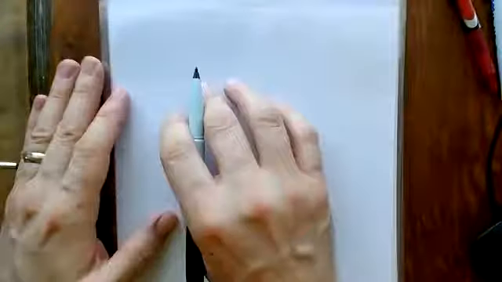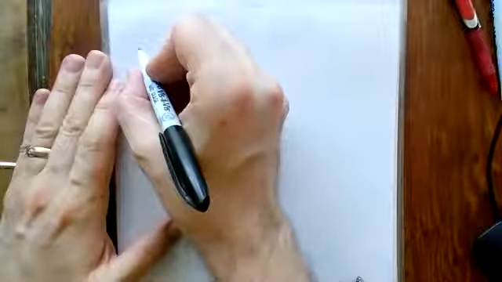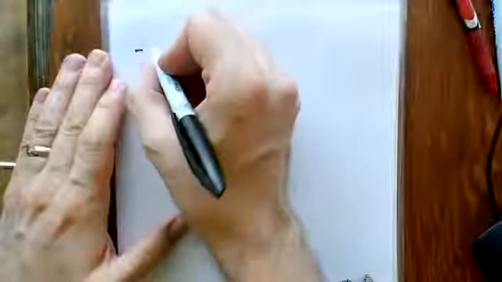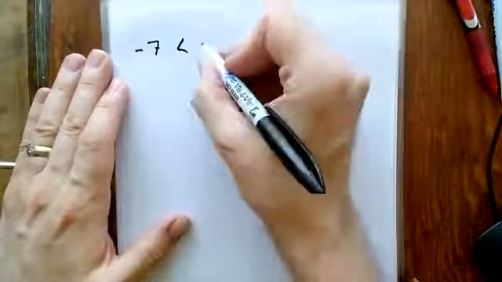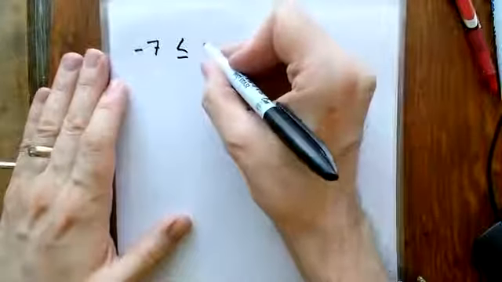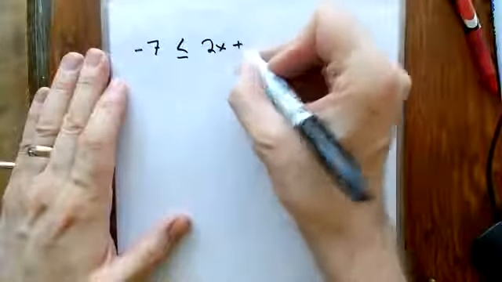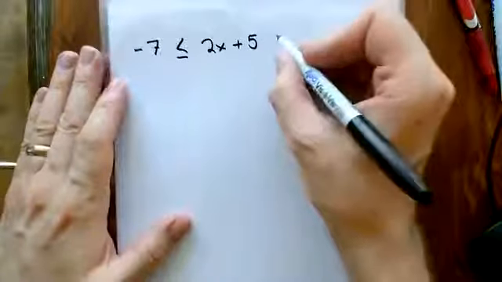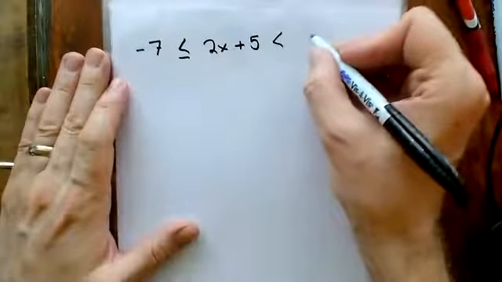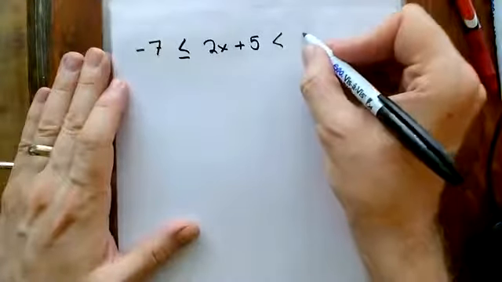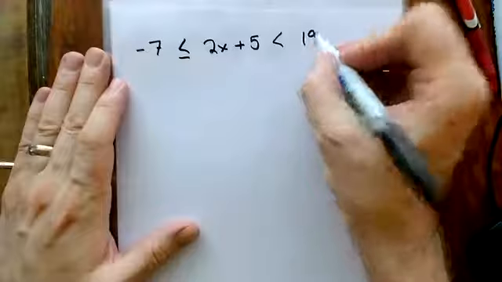And here is something that can look really weird unless you've seen it done. So let's say you've got something that looks like this: -7 is less than or equal to 2x plus 5 is less than 19.